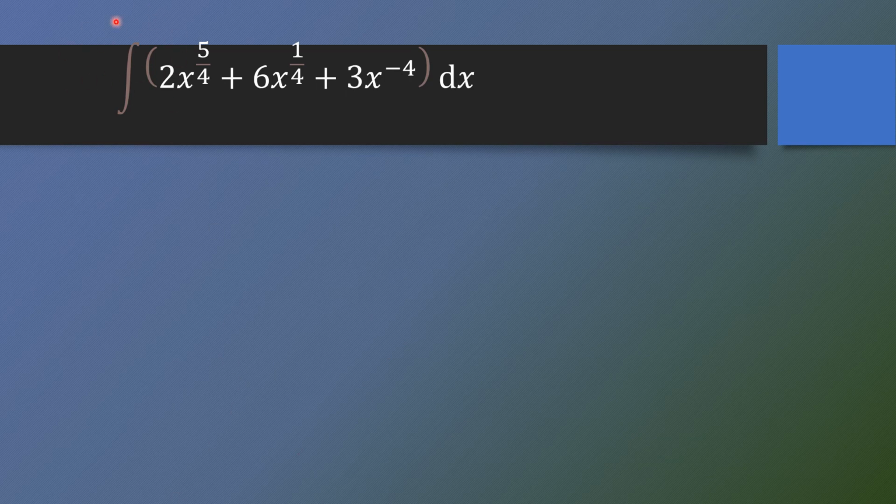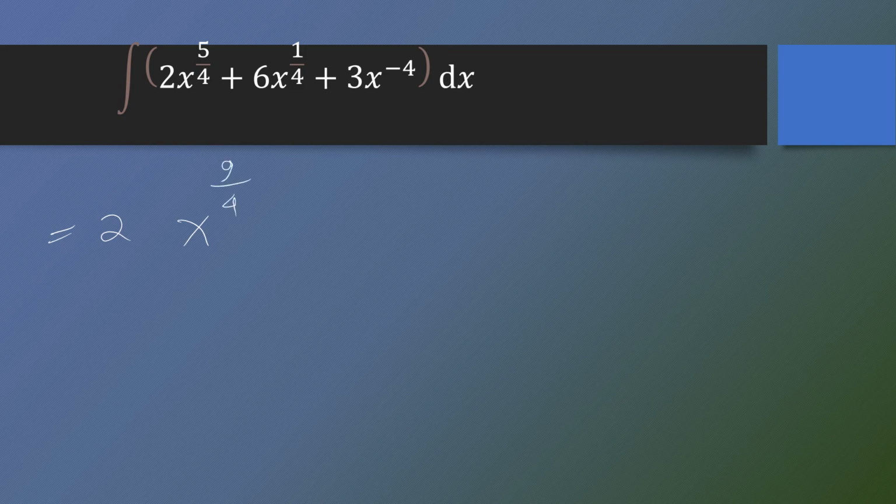Okay, in the next problem, what is the integral of this expression? Because our question is already in the sum operation, we just use power rule. So we just add 1 to the exponent and write it down in the denominator. So our answer is equal to 2 multiplied by, 5 divided by 4 plus 1, we got 9 over 4.